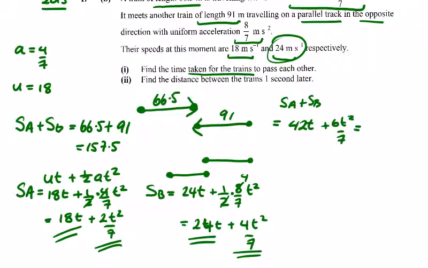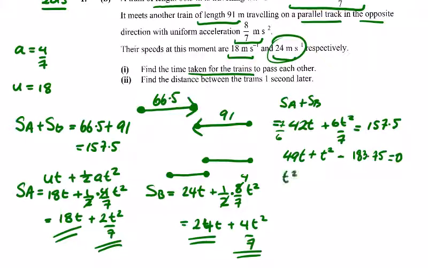That will be equal to 157.5. If I multiply everything by 7 and divide by 6, that will get rid of the fraction. 42 divided by 6 is 7, times 7 is 49T, plus T squared, minus 183.75.